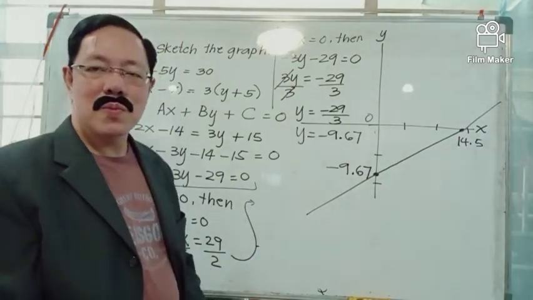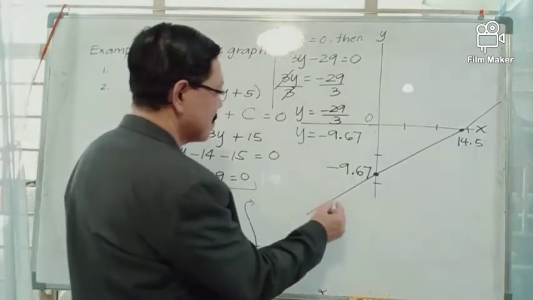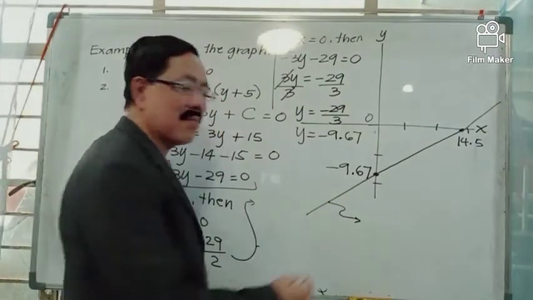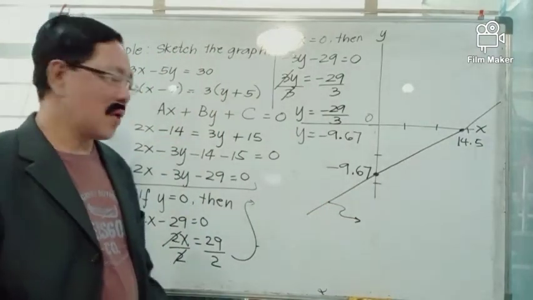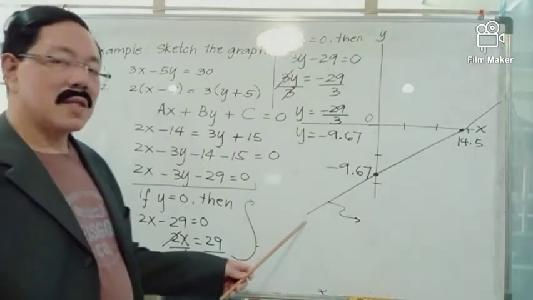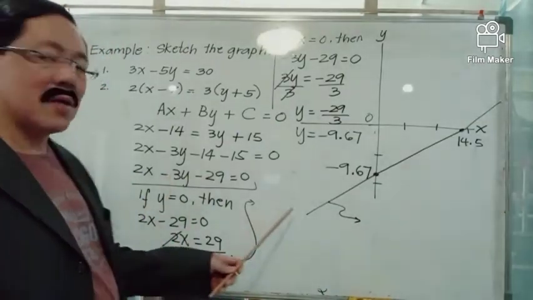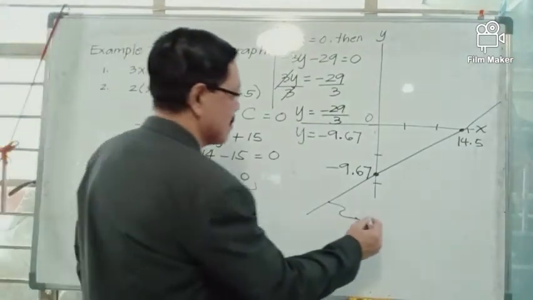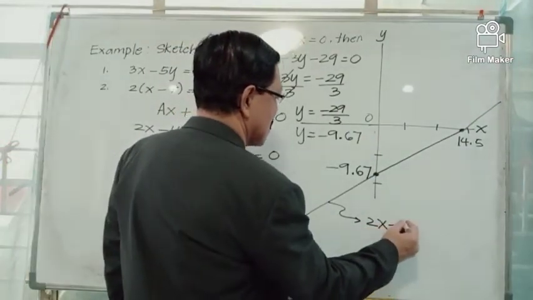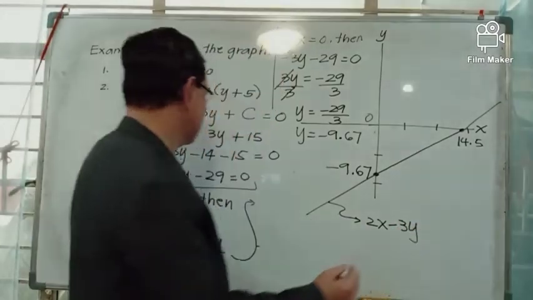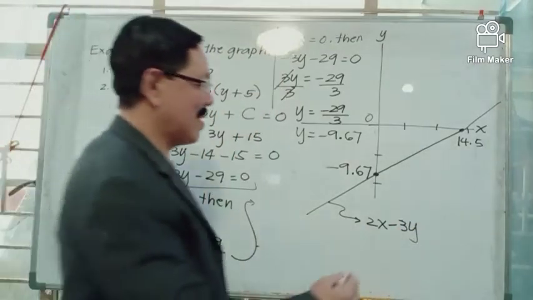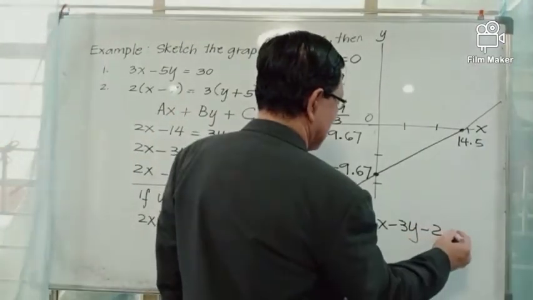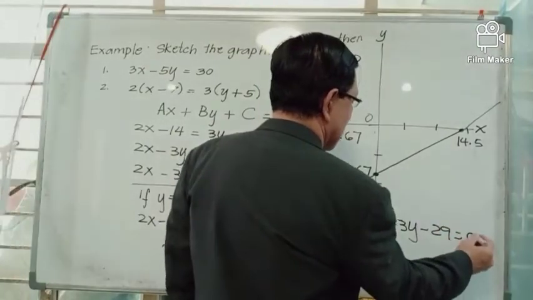And you may label the line by its equation in general form. The straight line has equation 2x minus 3y minus 29 equals 0.